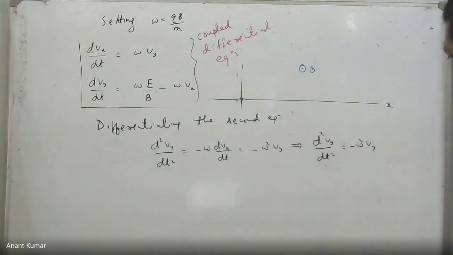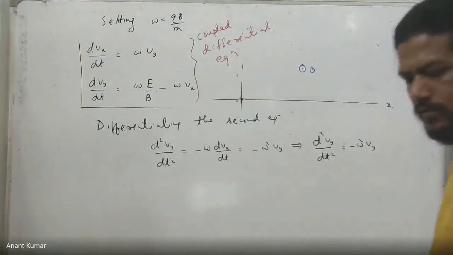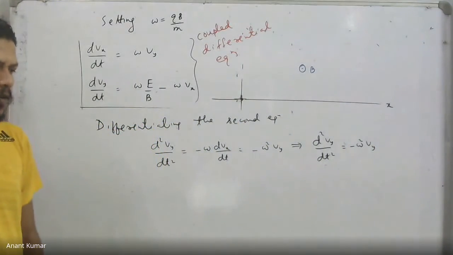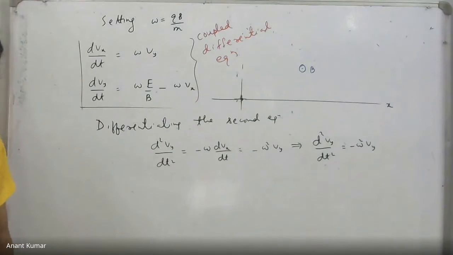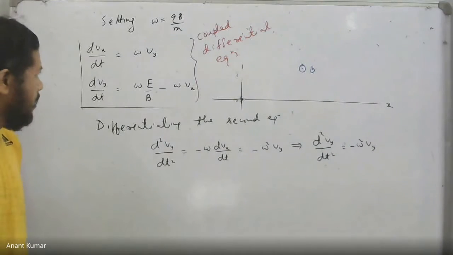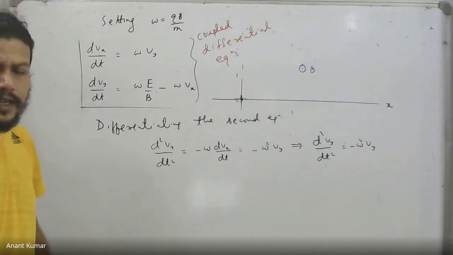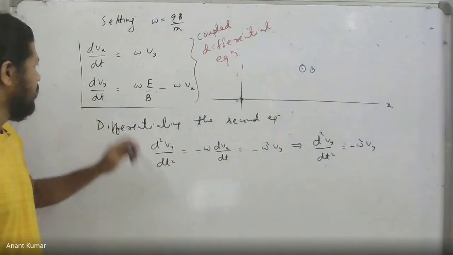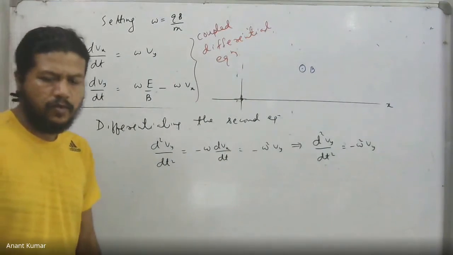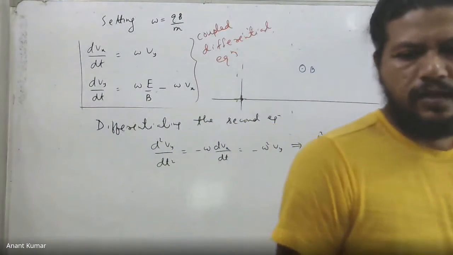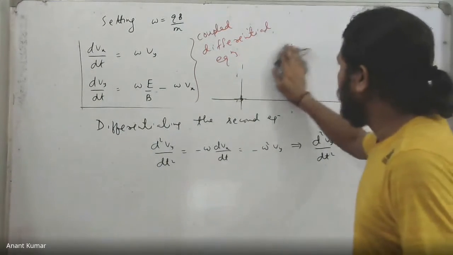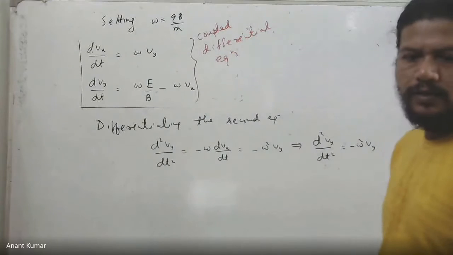And therefore, we can write a solution for Vy directly. Vy becomes something like A cos omega t plus phi. Once I have got Vy, I can go back over there, integrate or you could simply use this equation to obtain Vx as well. So we know Vx and Vy with respect to time. Let me come back to this one later on.